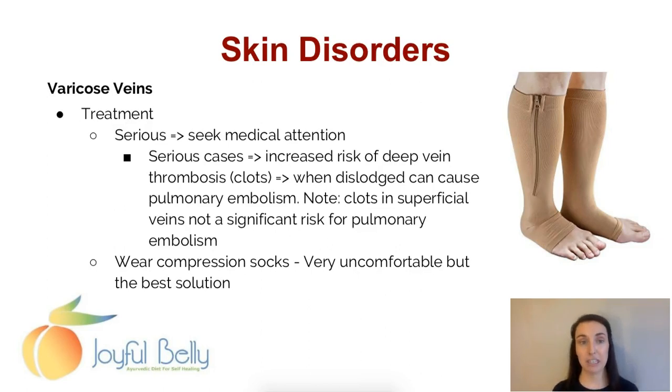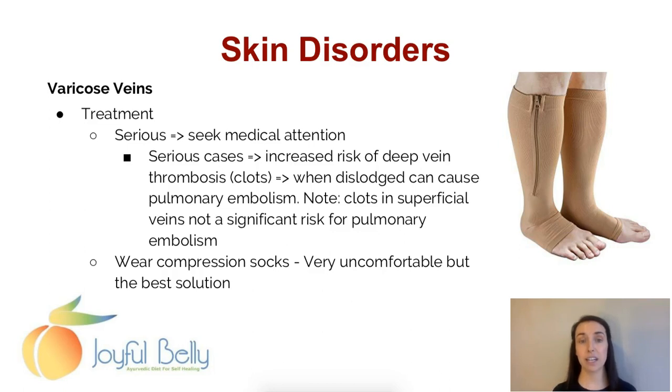As we mentioned, many cases of varicose veins are not considered serious. However, in serious cases, it's essential to seek medical attention. This is because in serious cases of varicose veins, there's an increased risk of deep vein thrombosis and blood clots.